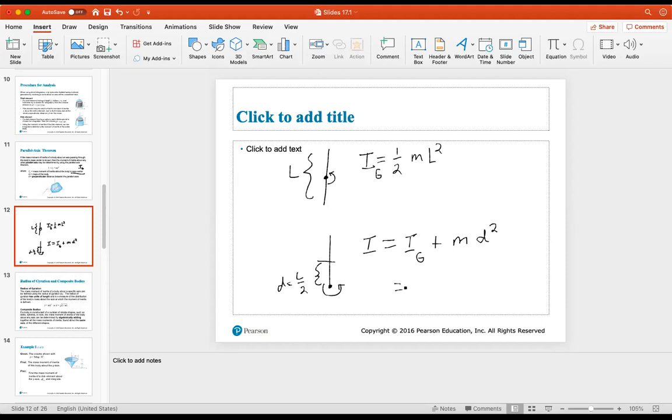So I would find that the moment of inertia would be 1/12 mL squared plus mL squared over 4. And then I do 1/12 plus a fourth. A fourth is 3/12. That gives me 4/12, which is 1/3.